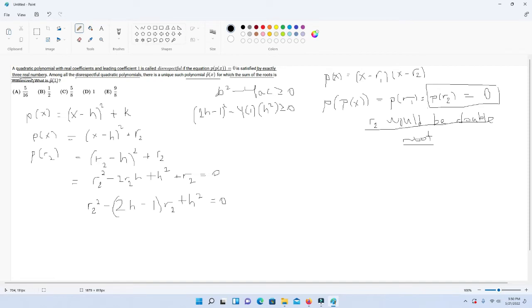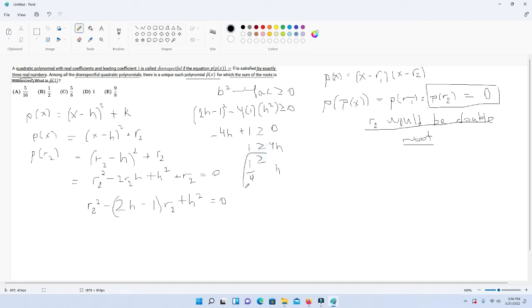We know that the 4h squareds are going to cancel out, so ultimately we get minus 4h plus 1 is greater than or equal to 0. So then we get that 1 is greater than or equal to 4h, which means that h is less than or equal to 1/4.